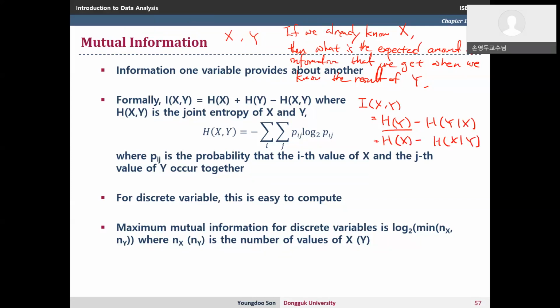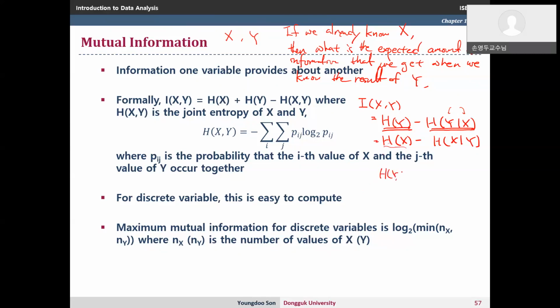This is the information from the result of y, and this is the information on y when we know x. So if x and y are somehow correlated, then the result of x can provide some information on y, and vice versa.